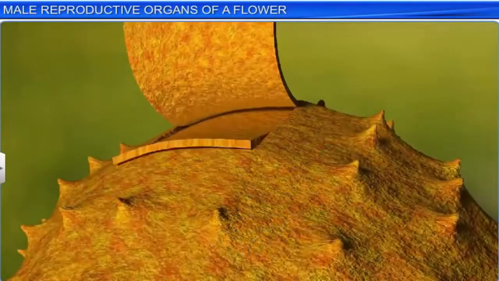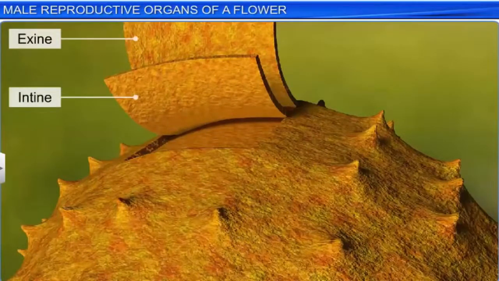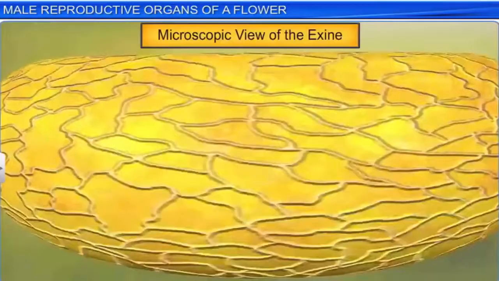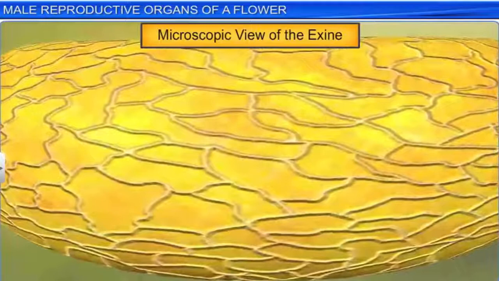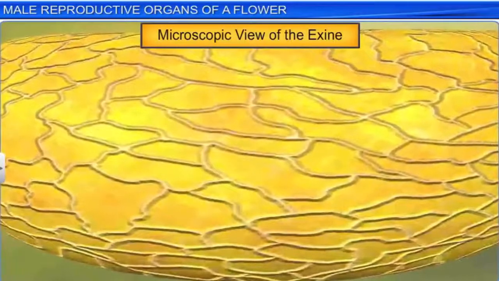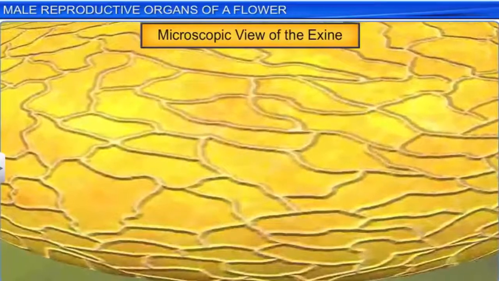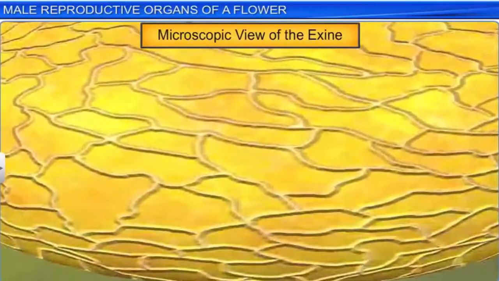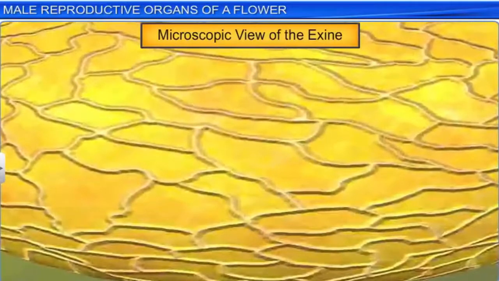It is surrounded by two layers of wall, exine and intine. Exine, the hard outer layer, is made up of sporopollenin, a tough organic material capable of resisting high temperatures and strong acids, alkalis, and all natural enzymes.